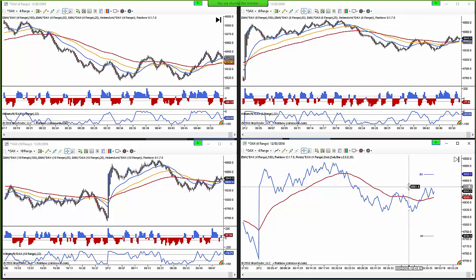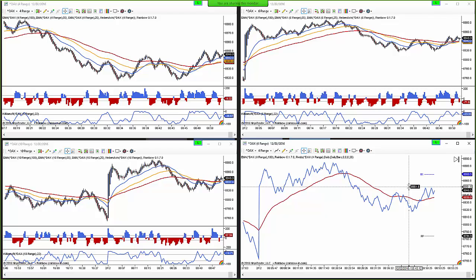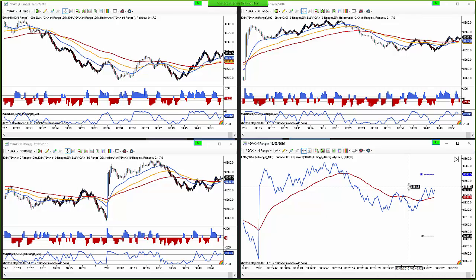But then once I'm in a position, I'll move it to where it should be. That may be a little bit further away, it may be a little bit closer to the market. It depends on what I'm trading. But I'll have an idea of where that is before I get into the trade, which will help me decide on the best size. Because if you have a wider stop loss, you need to take a smaller size.